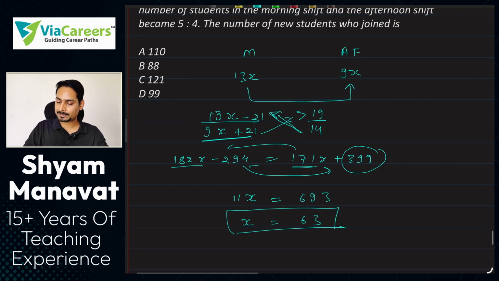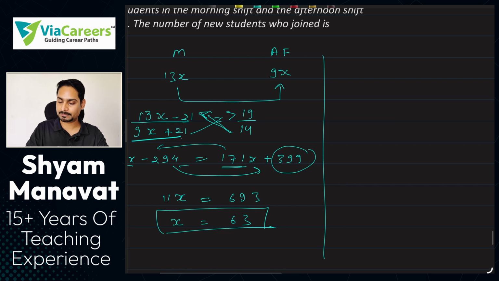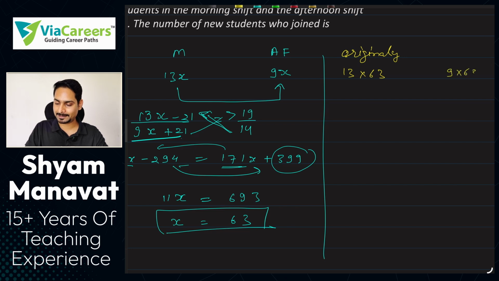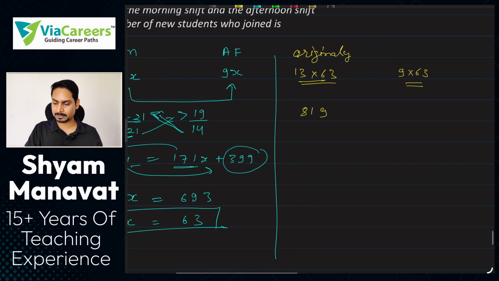Now based on this, can we say how many students were there originally? So originally they were 13x. So 13 into 63 in the morning and 9 into 63 in the afternoon. Multiply this, what do you get? 13 times 3 is 39, and then 6 are here, so you get 78, so you will get 819, and here 9 into 63, you should get 567.